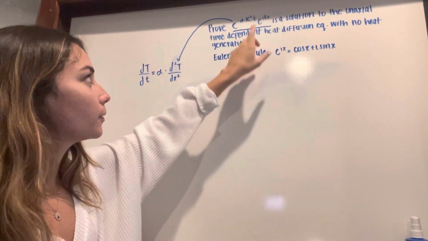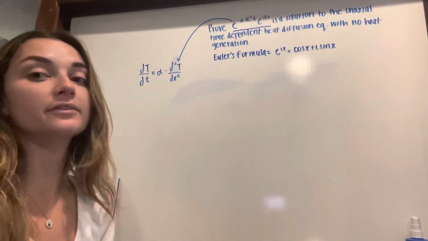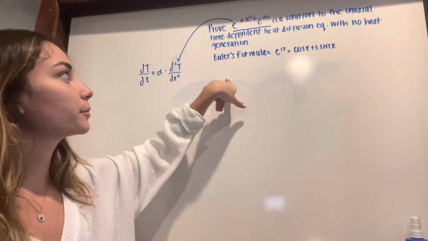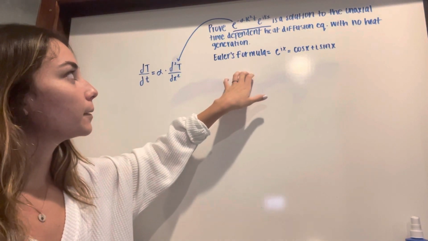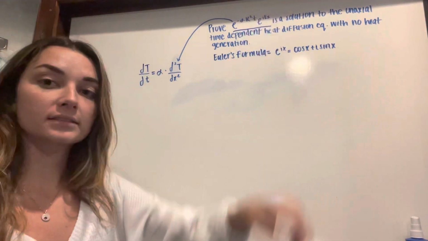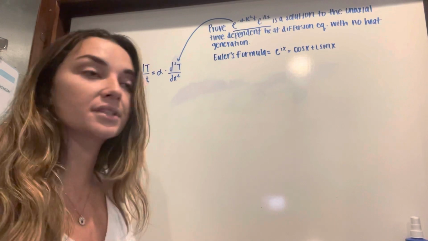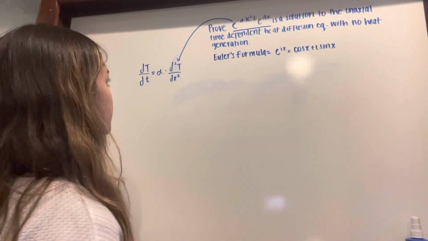In this problem, alpha represents our thermal diffusivity, k is just an arbitrary number, t is time, and x is the position of our nodes in our temperature increments.